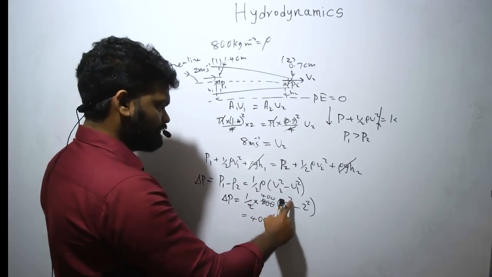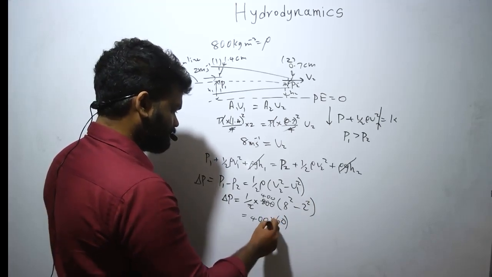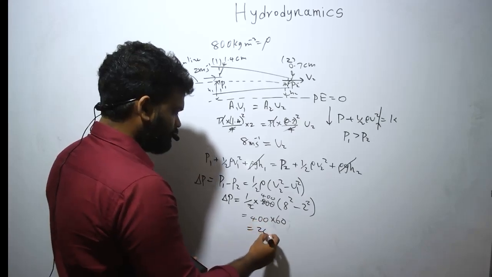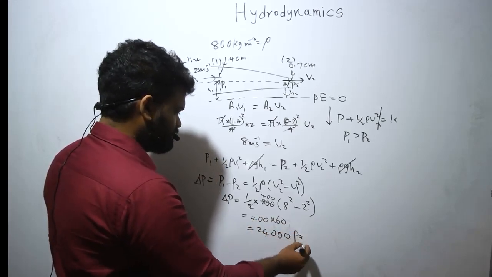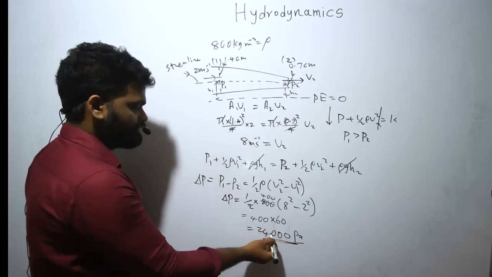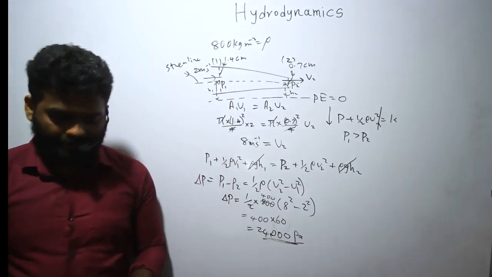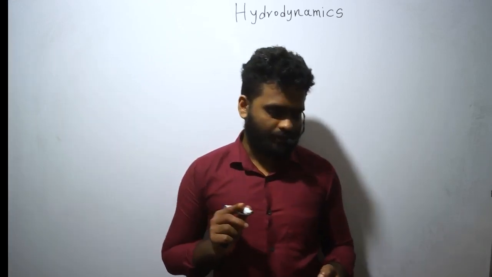Then this is 64 minus 4. That is 60, right? 6 times 4 is 24. There are 3 zeros. Pascal. 24,000 pascals. So that's the pressure difference between the ends. Fourth answer.